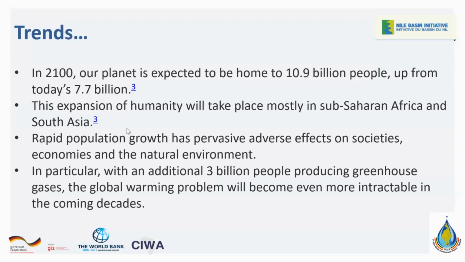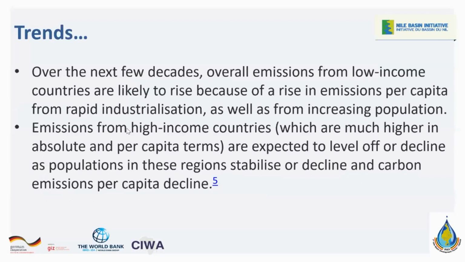In particular, with an additional 3 billion people producing greenhouse gas, the global warming problem will become even more intractable in the coming years. Over the next few decades, overall emissions from low-income countries are likely to rise because of a rise in emissions per capita from rapid industrialization, as well as from increasing population.